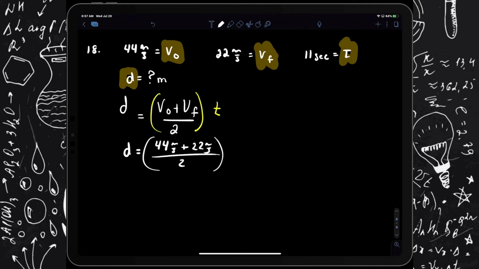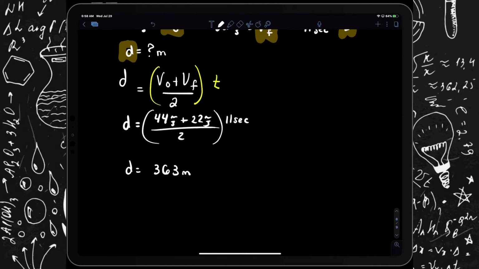Now that has to be in parentheses. You want to multiply only that 11 seconds after you've done the math inside of that. After you've done that, you should come up with a distance of 363 meters. Okay, double check that in your calculator to make sure I have it correct.